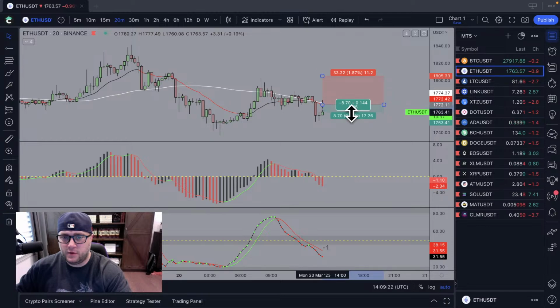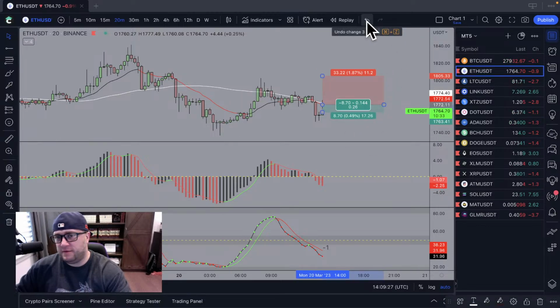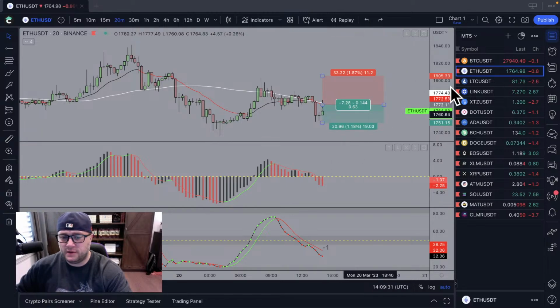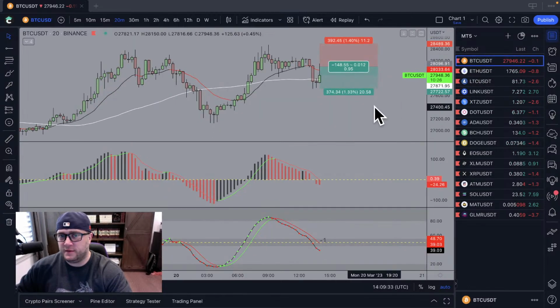On Ethereum, you're roughly 0.5%, but at 5x, you're 2.5% in profit. So I mean, waiting is the key. Never FOMO in, and that's it.